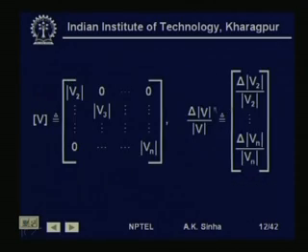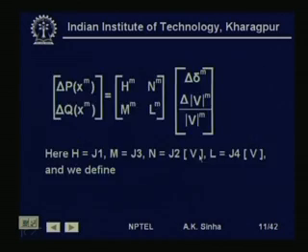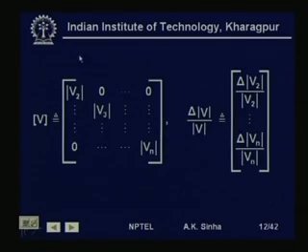If we look at this J 2 into V, actually this V is basically a diagonal matrix of voltage magnitudes. Therefore, this V is defined as V 2, V 3, V 4. Here we are assuming that bus 1 is our slack bus.